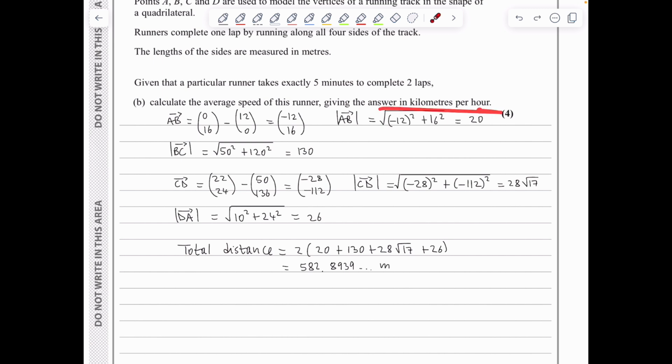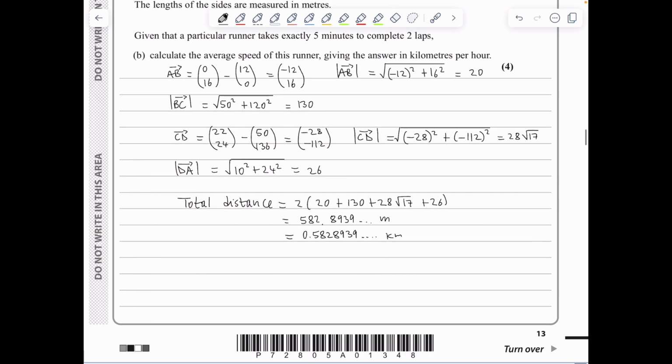Remember, we're trying to get the answer in kilometers per hour, so I will divide by 1,000 to convert the distance in meters into kilometers. So I get 0.582839 kilometers.